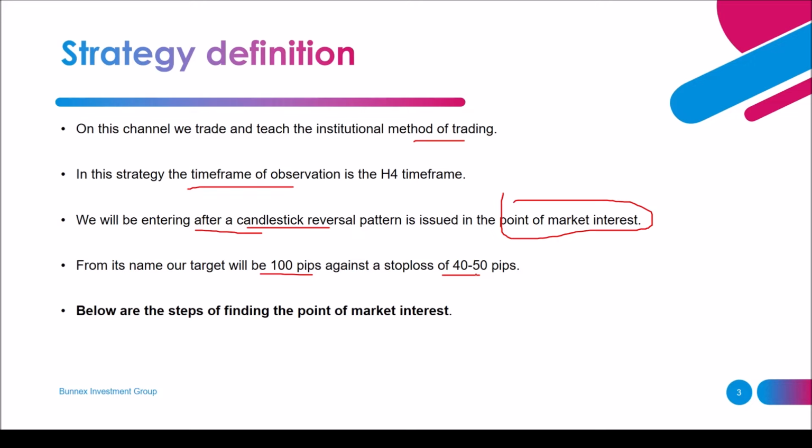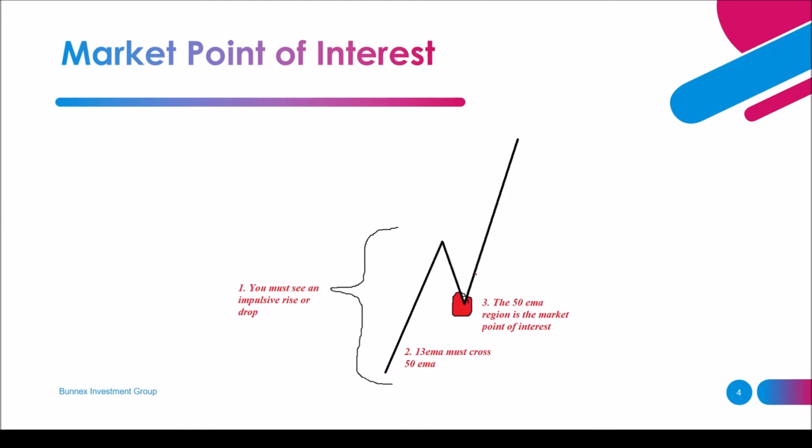Below are the steps of finding the point of market interest. So the first thing that you must see is an impulsive rise or drop on the H4 time frame. This is basically the first level of the cycle if we are now talking in the market maker context.